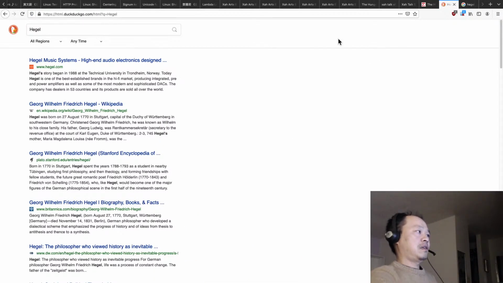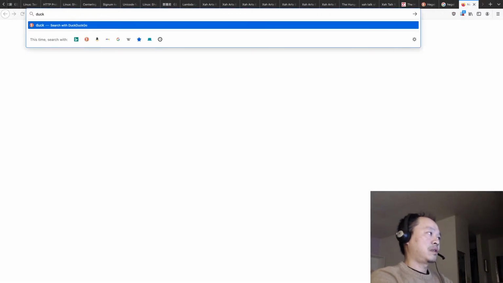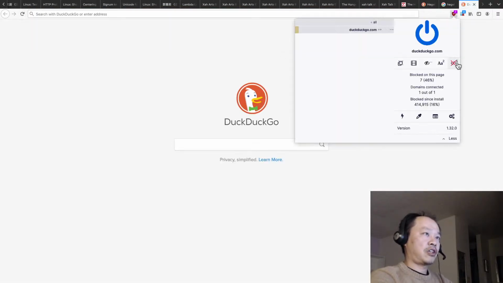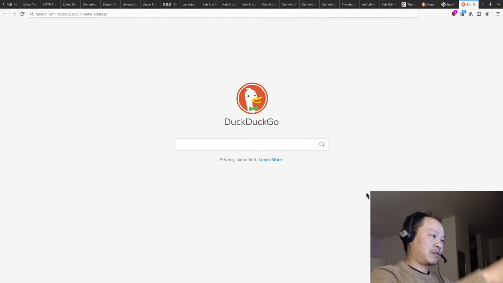You cannot. Basically you have to go to DuckDuckGo, and their name is fucking idiotic, they should really change it. You have to go there and change the JavaScript, turn it on, then you have to type.